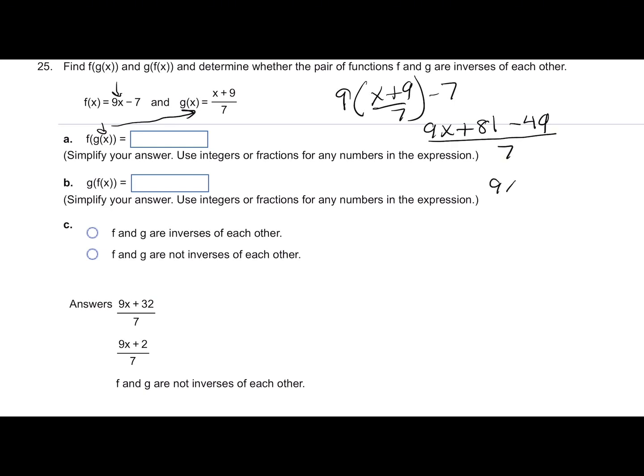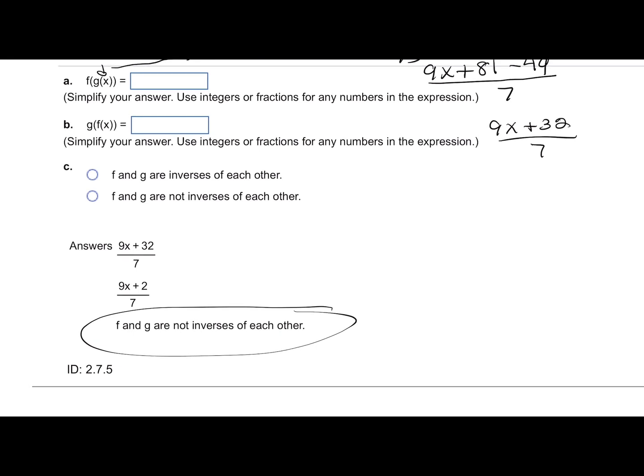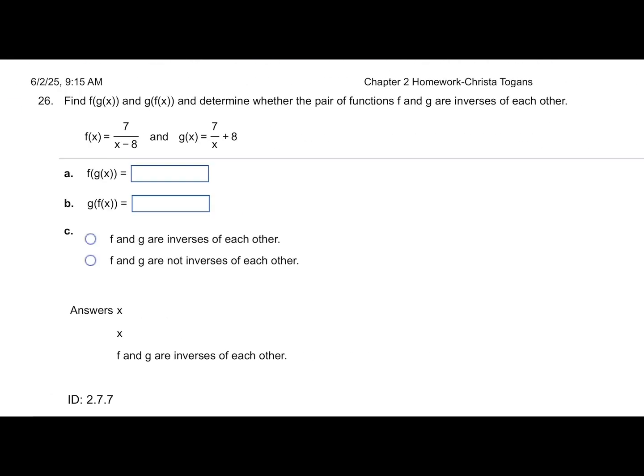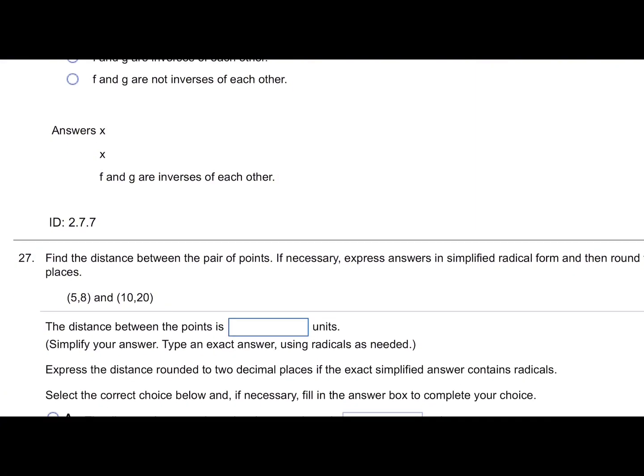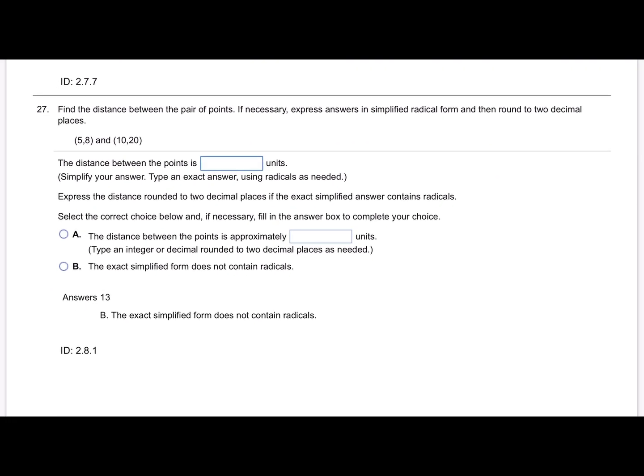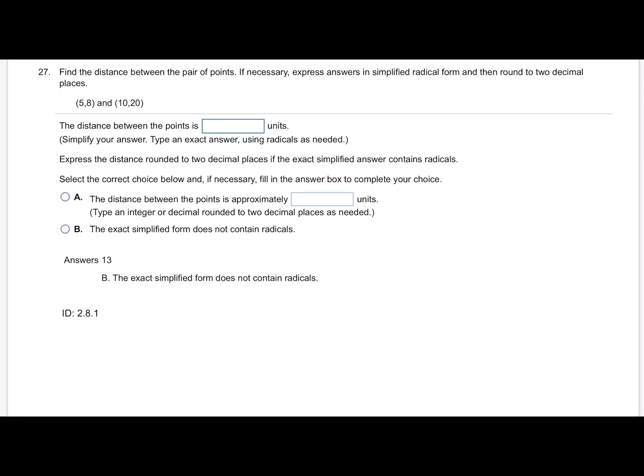And you end up with 9x plus 32, which is not x. So they're not inverses of each other. And then you do the same thing here. So just practice with that. And then you should be fine with doing a distance formula.